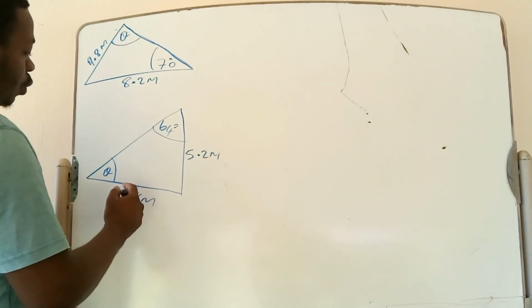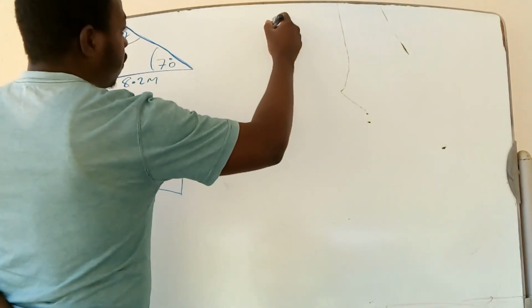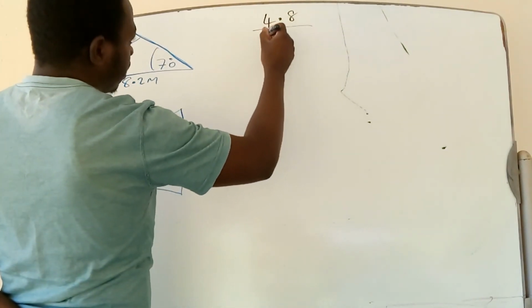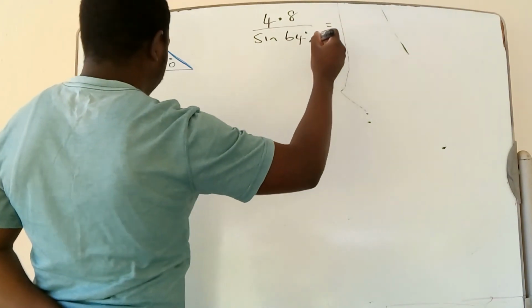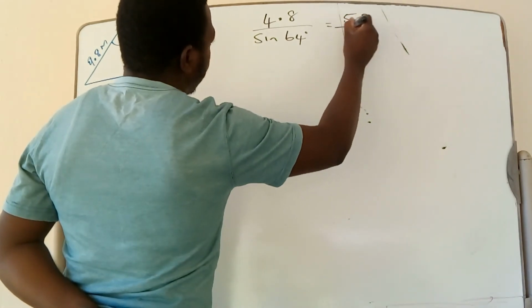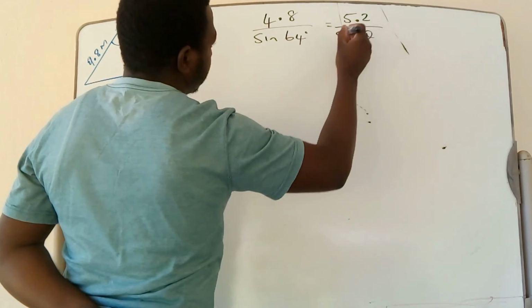So here we can say that 4.8 over sine of 64 degrees is equal to 5.2 all over sine of theta.